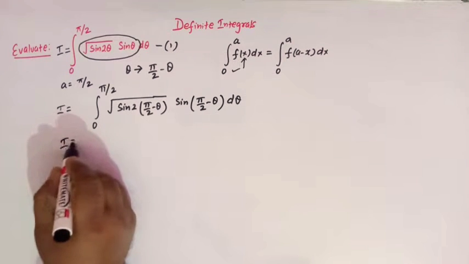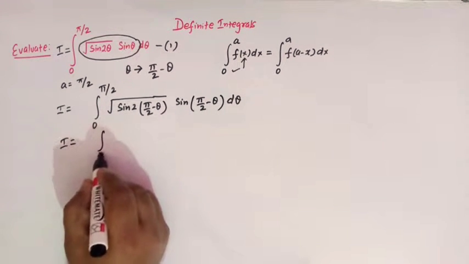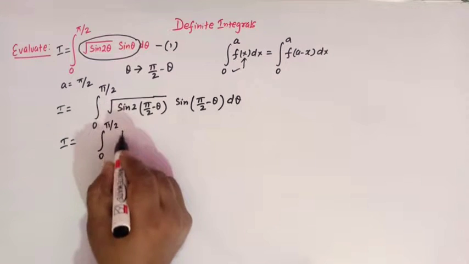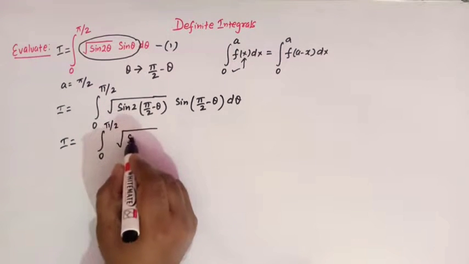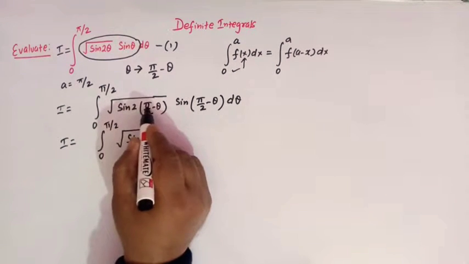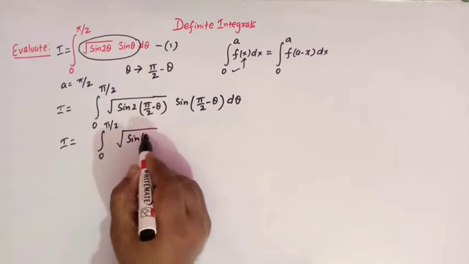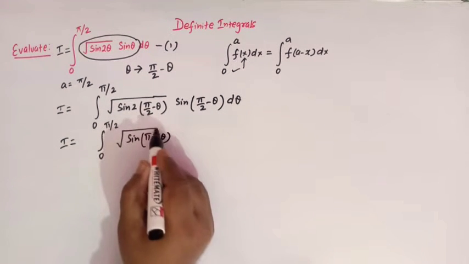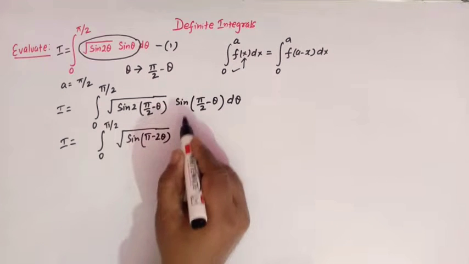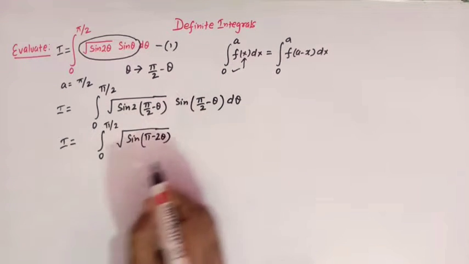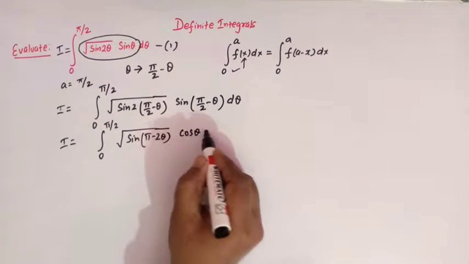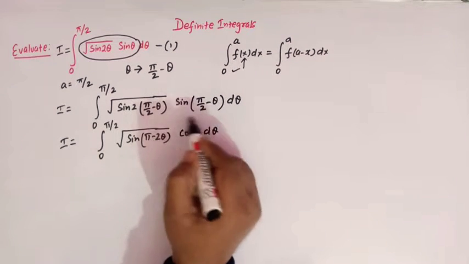Now simplifying it, we have 0 to pi by 2. Here we have square root of sine, multiplying these two terms by 2, so we have pi minus 2 theta. And here sine of pi by 2 minus theta is cos theta, from trigonometry.